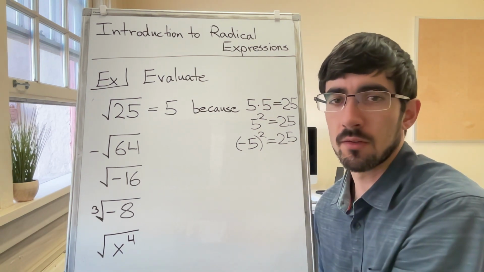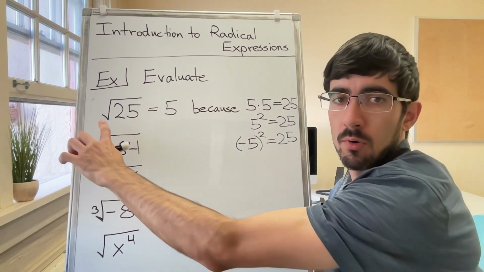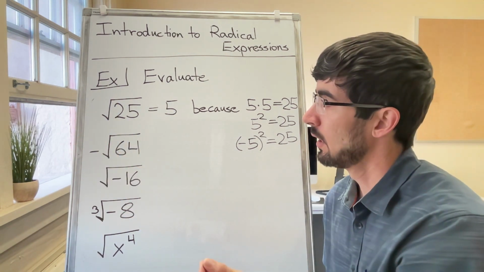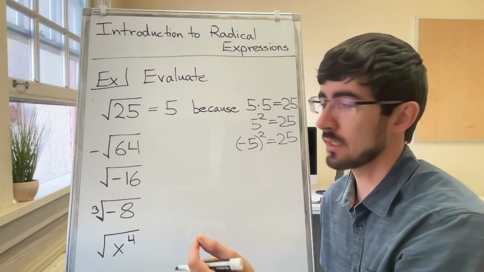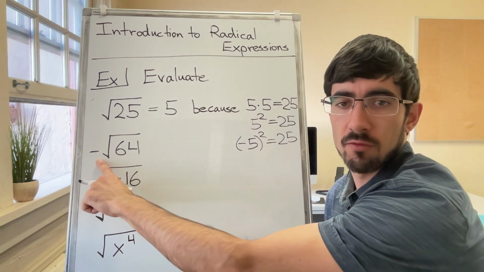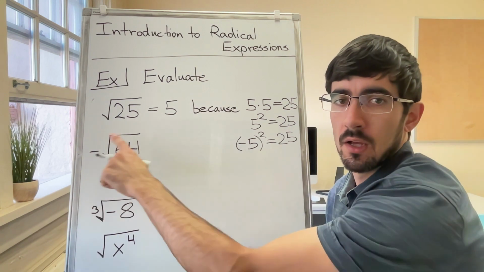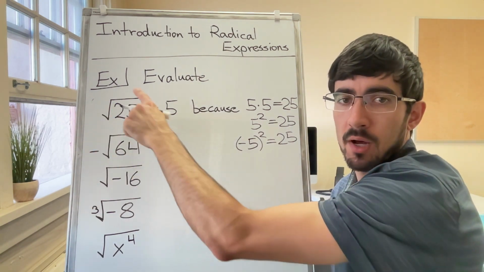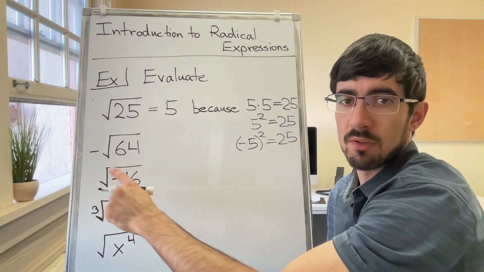This would be negative 5 times negative 5, which would also give you positive 25. So which is it? Well, this root symbol always indicates a positive square root. If the negative square root is desired, there will be a negative sign in front of the symbol like this one. So the positive square root is called the principal square root. You always give a positive number there if you're working with square roots.